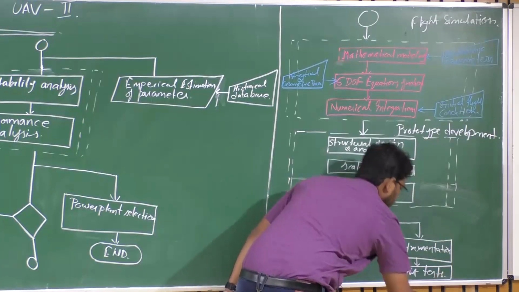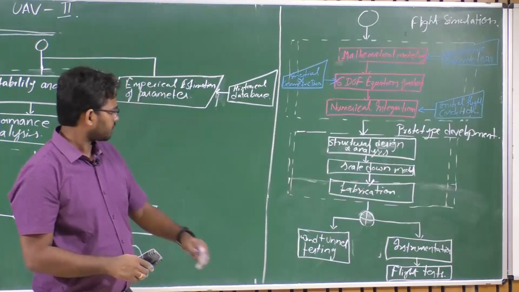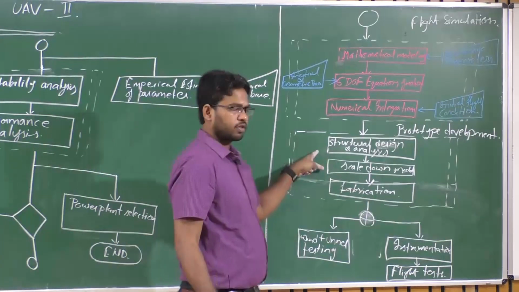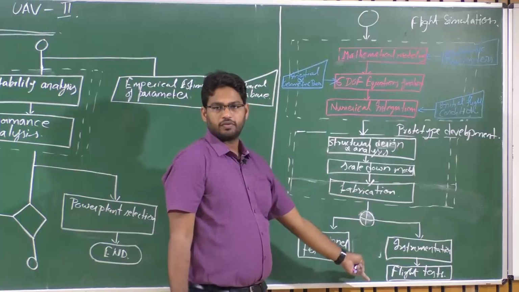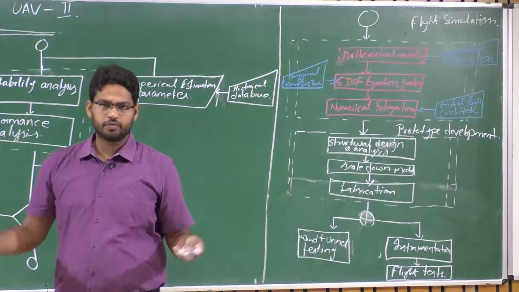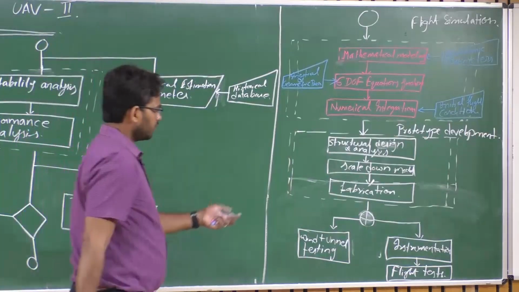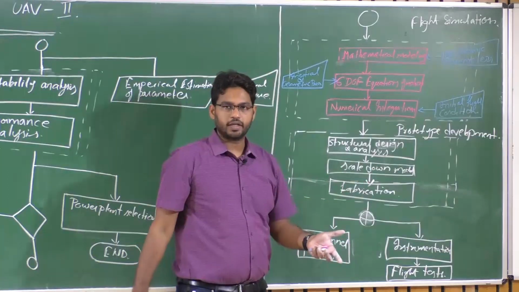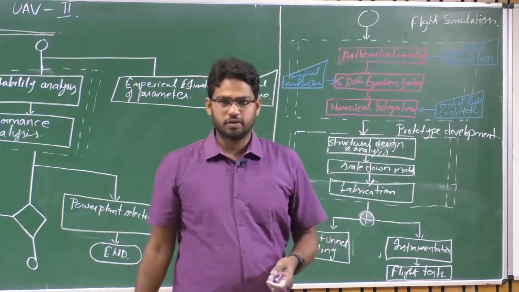Once you are happy with this data, go for the scaled up, full scale configuration, and again go for flight test data. If you are not able to accommodate a full scale configuration in the wind tunnel, then you can directly go for the instrumented flight test and perform experiments, right?